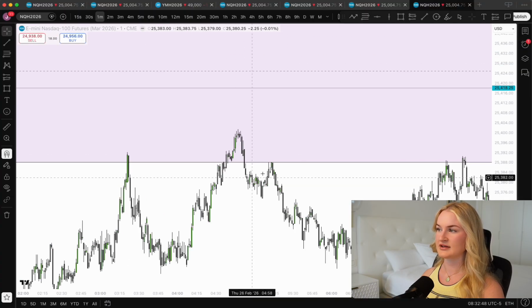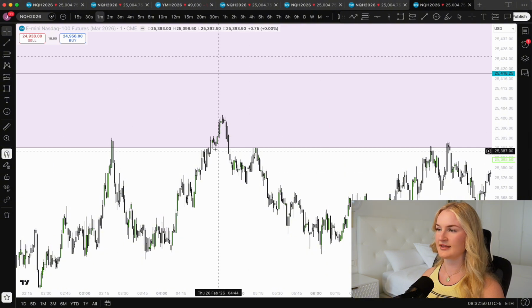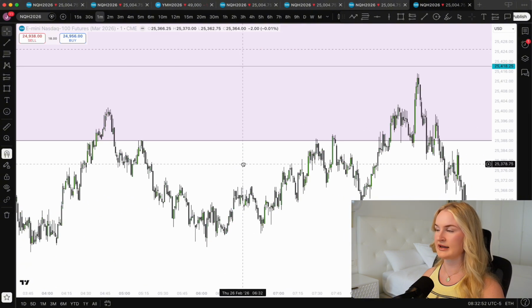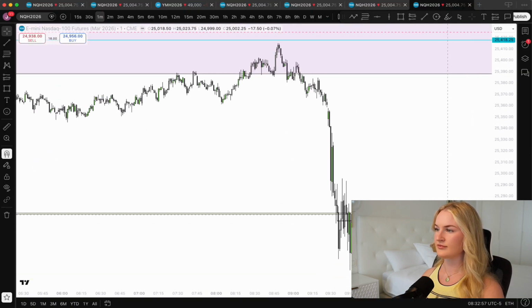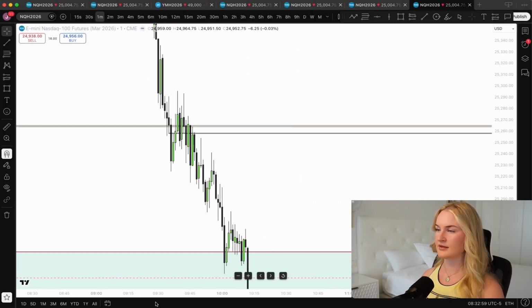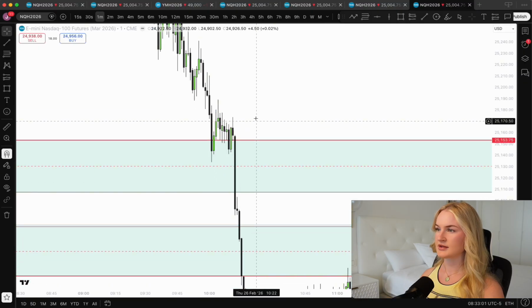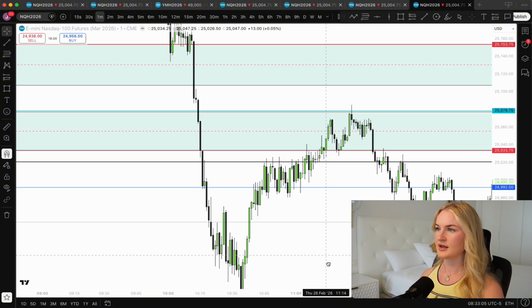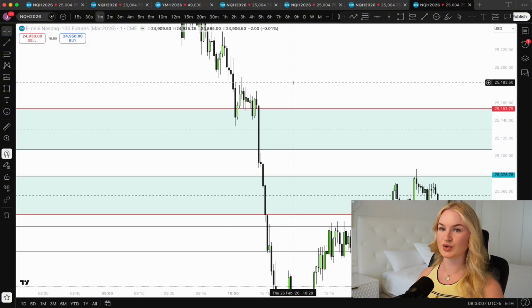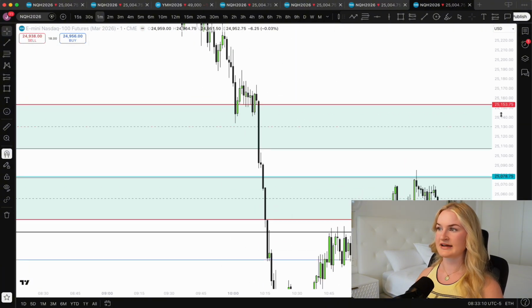Then we find resistance here at the new day opening gap. Again, then we drop down. And this is also one thing I want to emphasize.